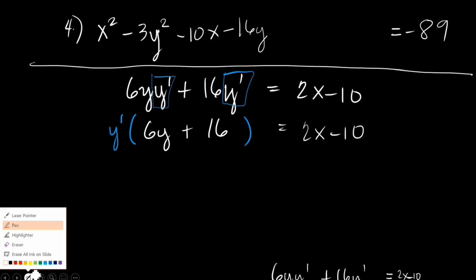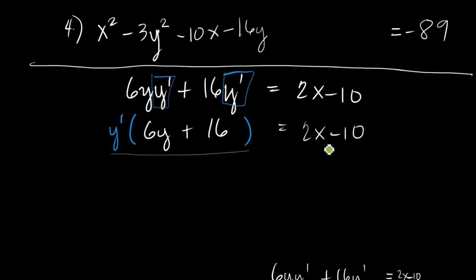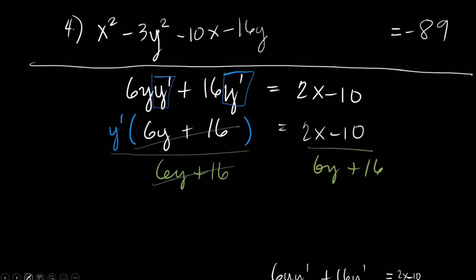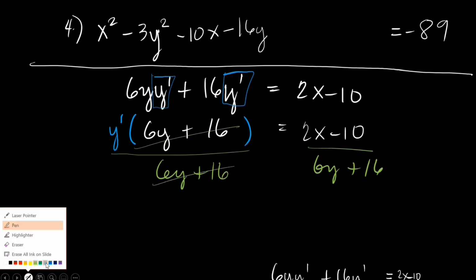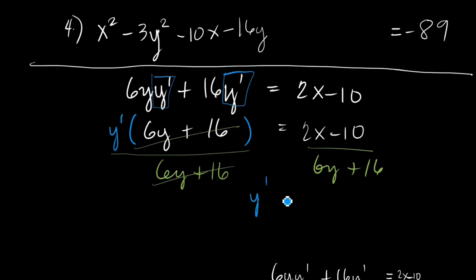Then we can divide both sides by 6y plus 16. Then we can already cancel. So what we're going to have is y prime equals 2x minus 10 over 6y plus 16.